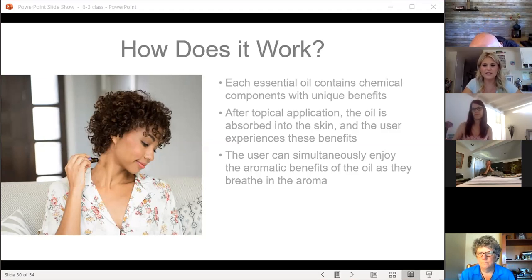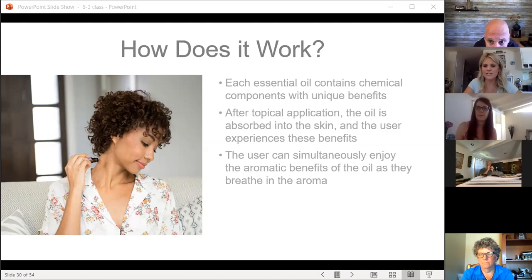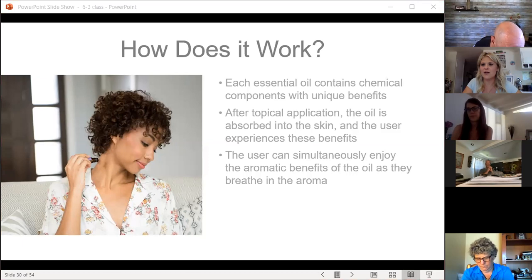Once an essential oil is applied topically, the oil absorbs into your skin, allowing the user to enjoy those benefits. Many can have those properties like I've already discussed, like cleansing and purifying. They can help promote a healthy looking complexion. Others will go in and have a chemical reaction with your body to create a calming, soothing effect, and also to soothe the body as a whole.